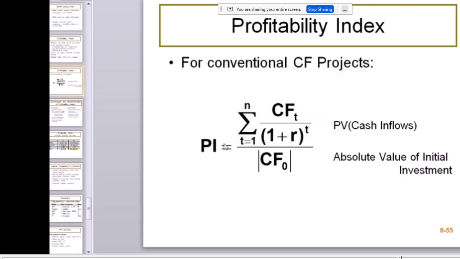Looking at the formula of the profitability index, it's actually somewhat similar to the formula of NPV. For NPV, remember, we sum up all of the discounted cash flows starting from time t0. Here instead, we sum up all of the discounted cash flows starting with time t equals 1, and the initial cash flow in time 0 actually goes in the denominator.